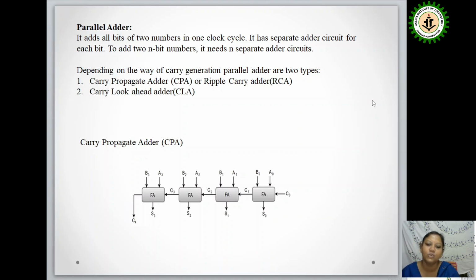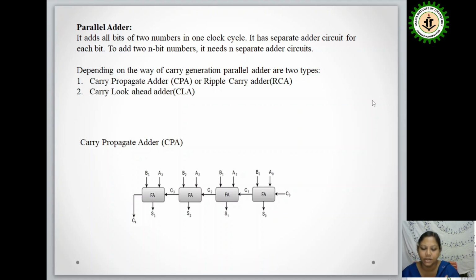C2 propagates to the third full adder, A2 and B2 are added with C2, and S2 is generated. Finally, C3 propagates to the fourth full adder, added with A3 and B3, generating the sum S3, and C4 is the final carry out from the circuit.